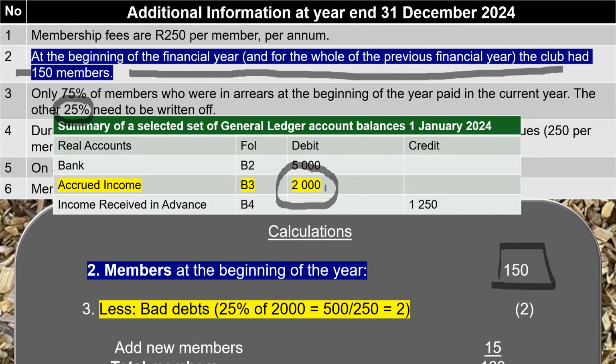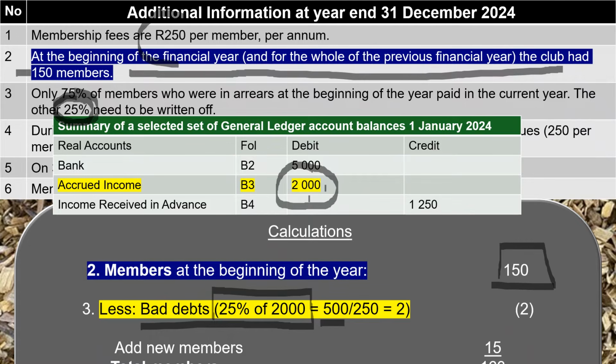We've already done a reverse entry to put this 2,000 into the membership fees account. So the bad debt is 25% of 2,000, and 25% of 2,000 is equal to 500.